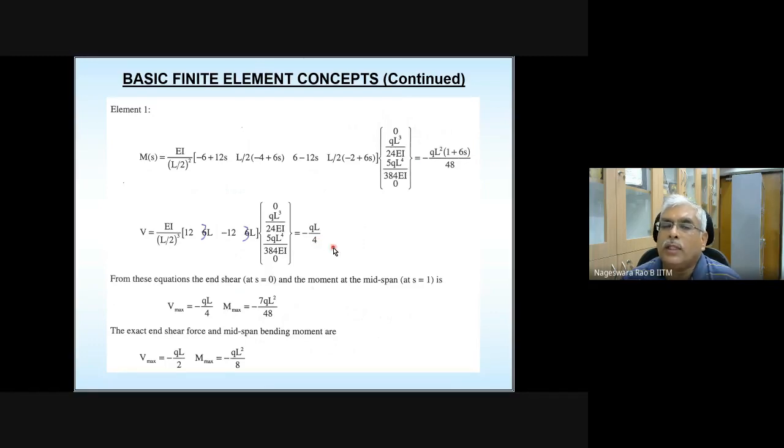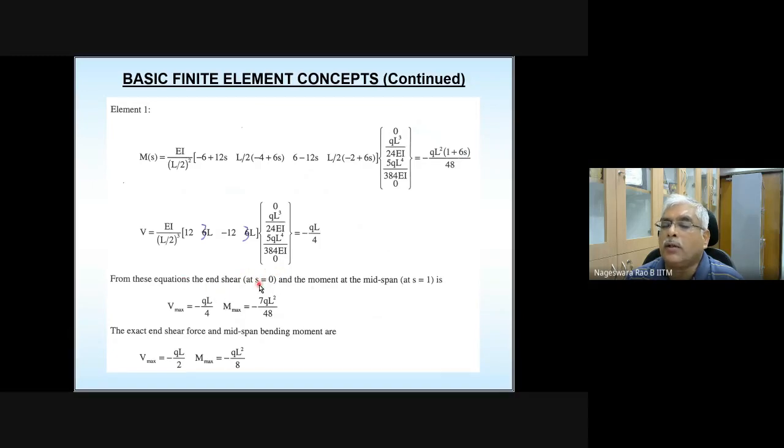So now, this is the bending moment relation. If you substitute S equal to 0, that gives you the bending moment at the left support, and the bending moment at the midpoint can be obtained taking S equal to 1.